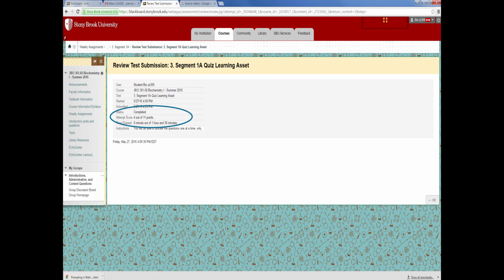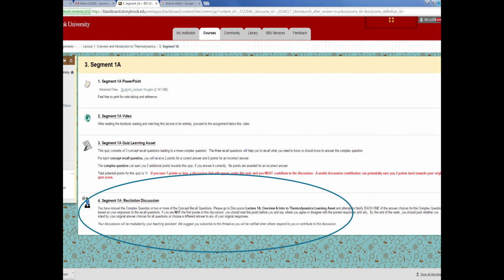If it falls below a certain threshold, which is that you either got the complex question marked incorrectly or that you did 2 or more concept recall questions incorrectly, you will be taken to the discussion recitation to help you strategize and avoid any further confusion. So press OK, and you'll immediately be taken back to segment 1A.